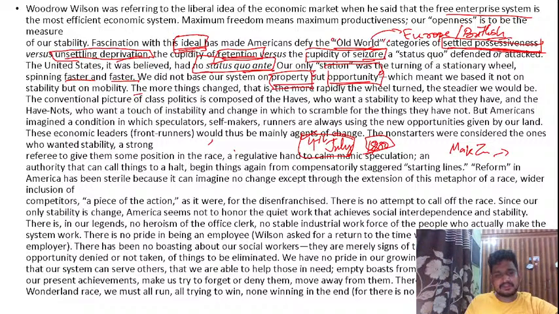The conventional picture of class politics is composed of the haves who want stability, and the have-nots. Who are these haves? The conventional picture here is talking about what happened in Europe, in India and European colonies everywhere, Hong Kong.